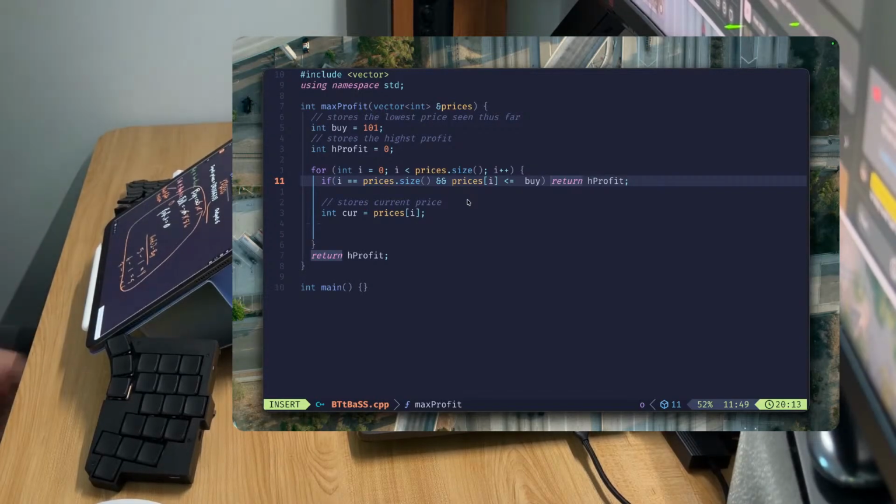So the logic behind this is that if the last index is lower than buy, and buy is already our lowest value, then there's really no reason to process it, because if it's lower, then we know that our profit is going to be negative.